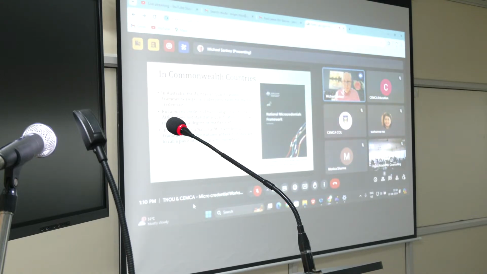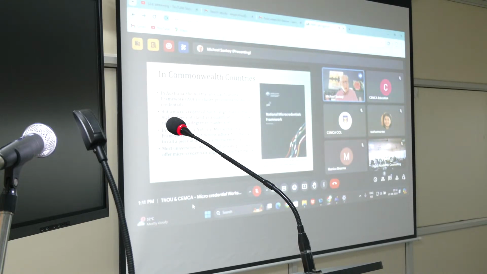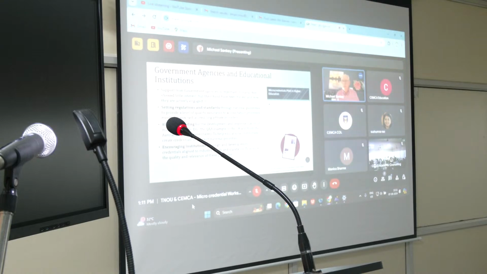And so we developed that framework, and any institution in Australia who is going to call something a micro-credential needs to adhere to that framework. The Australian Qualifications Framework works across both higher education and vocational education, VET or TVET, and private providers also need to align to that framework.